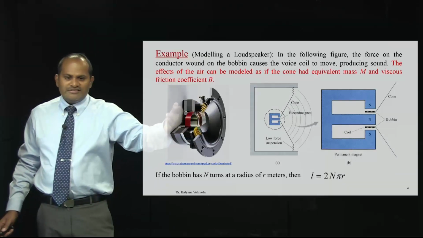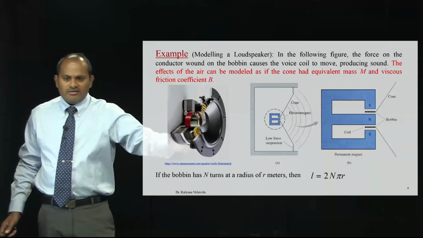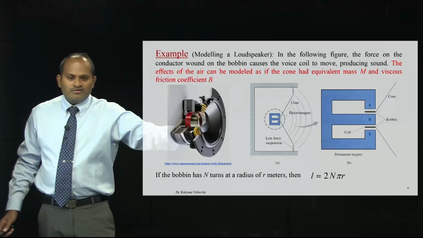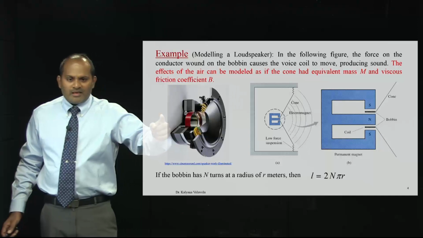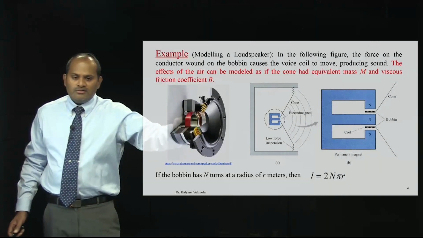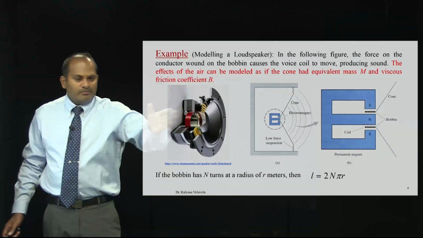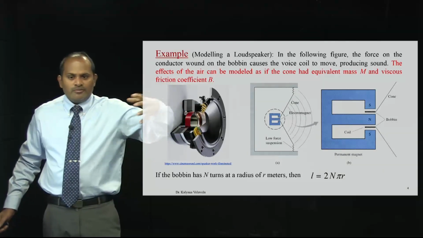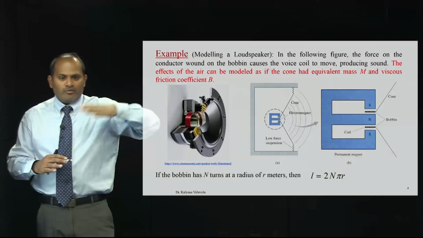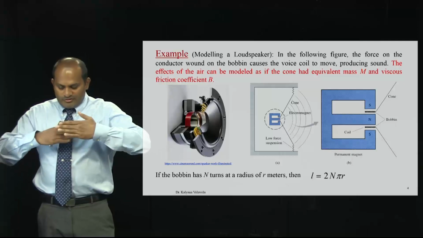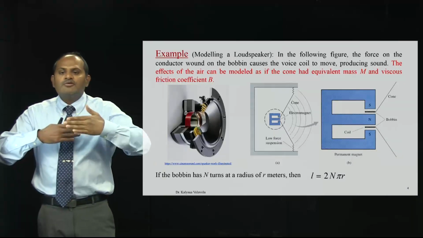This is a permanent magnet, most likely, and in the center you have an electric coil. When you send an electrical current to this coil, depending on the current, the diaphragm starts vibrating. Depending on the signal, the diaphragm vibrates. The diaphragm motion produces mechanical vibrations in the air.